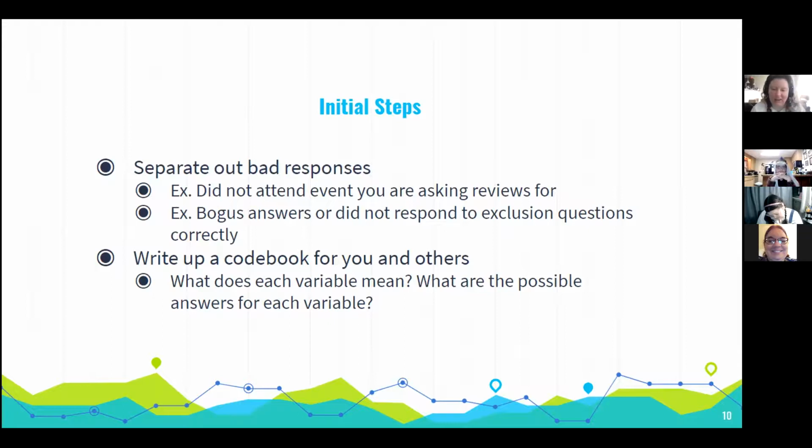And that's not right. And you don't know if they're actually a person who is in the SCA and supposed to be able to respond to that survey. But usually the existence of a bogus answer or an invalid response to an exclusion question means that that's a response that you need to take out.